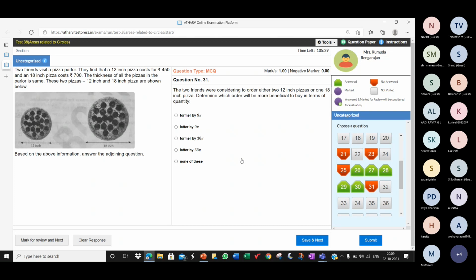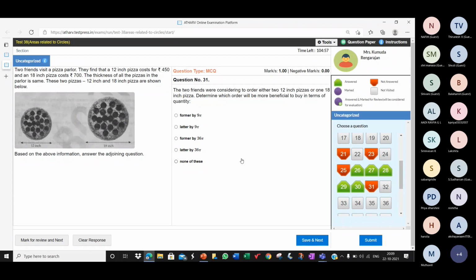I'll wait, please work. Area of one 6-inch pizza, pi r square, 36 pi. Area of two 6-inch pizzas, 2 into 36 pi, 72 pi.